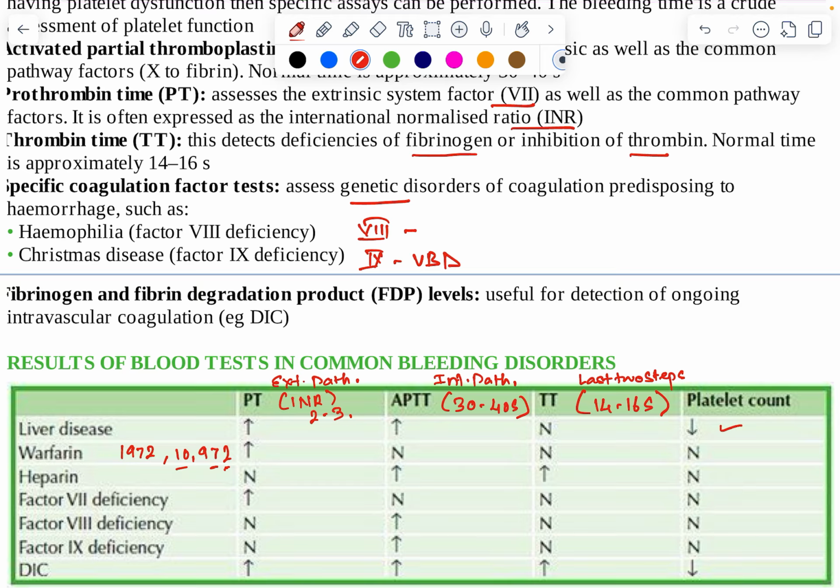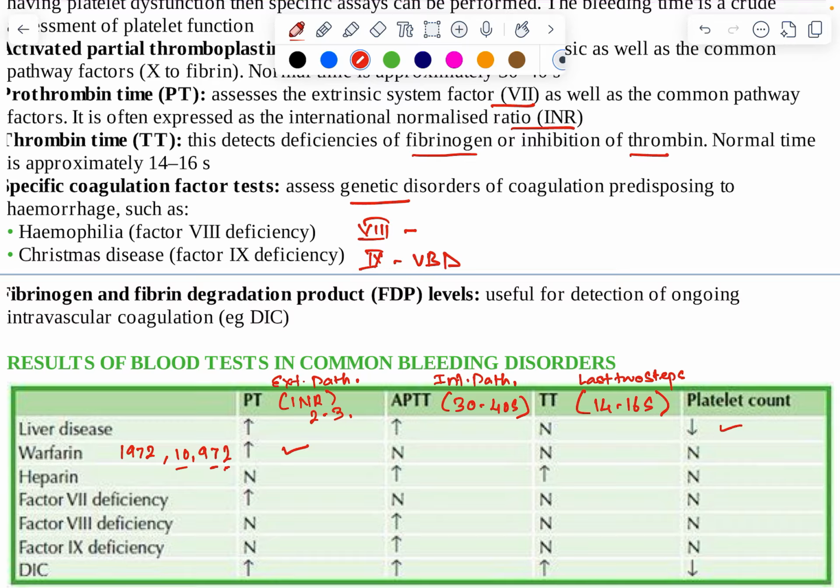So warfarin is acting through inhibition of vitamin K. That's why prothrombin time, PT, used for the extrinsic pathway, is increased, and the rest, the intrinsic pathway APTT, thrombin time, and platelet count, all are normal when you are just giving warfarin.